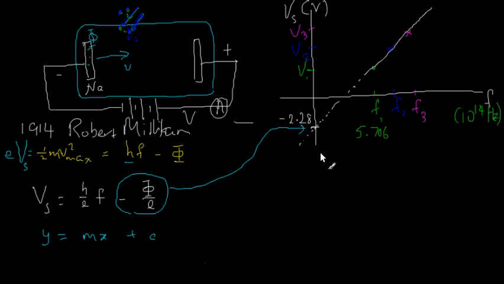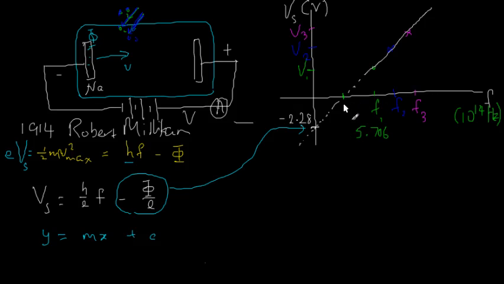Let me make a correction. When I said the green light has this value, I'm referring to the threshold frequency. The threshold frequency of sodium is actually in the region of the green light.